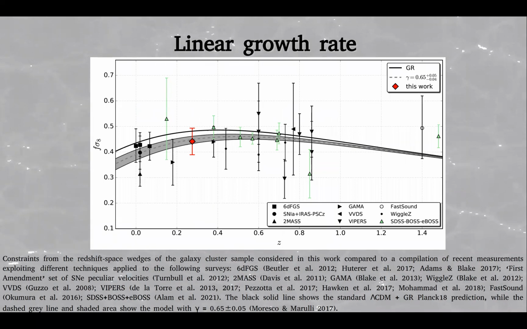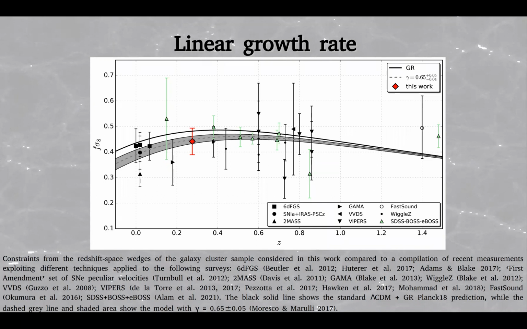Then in Euclid we will also add several other things like clusters, cosmic voids, and so on. In the red book of Euclid there is actually a plot similar to this with several error bars from at least the main probes of Euclid. So we can expect even something better.